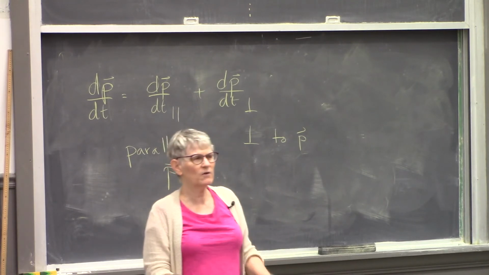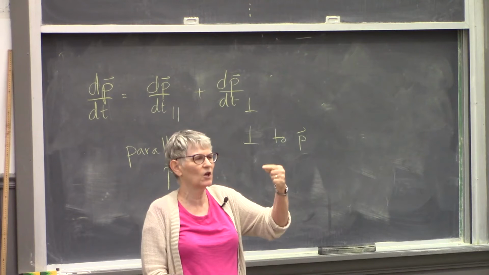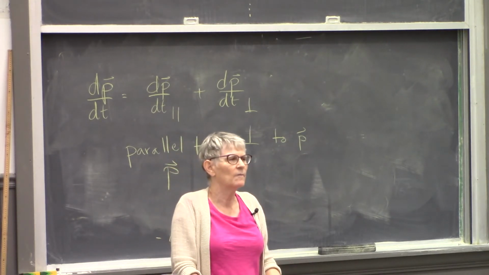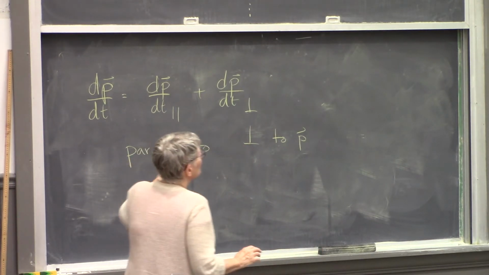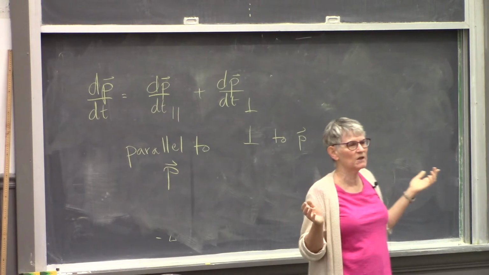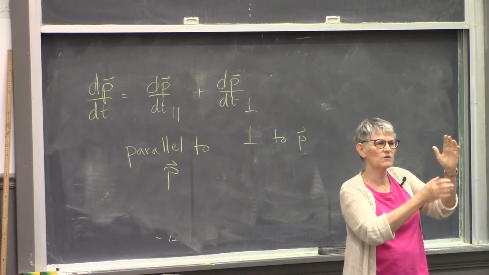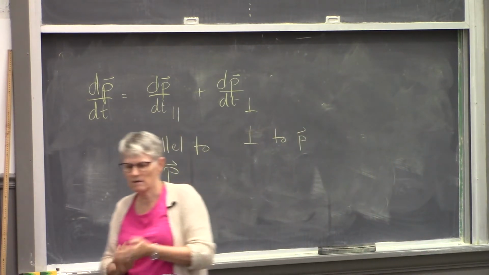Because the component that's along the same line as the momentum, and by parallel I mean it could be parallel, it could be anti-parallel, is associated with a change in speed. And the component that's perpendicular is associated with the change in direction. And those two things can happen independently.